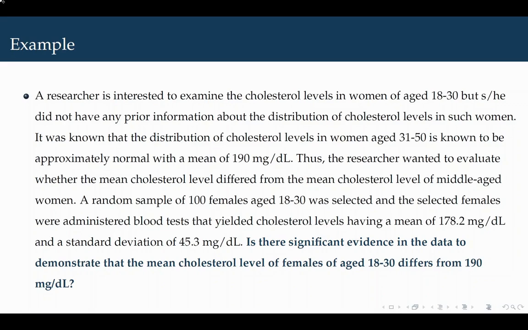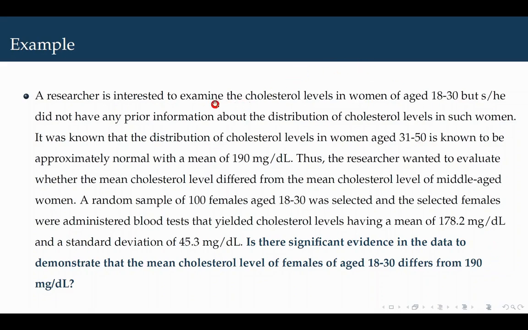So the question of interest is: is there significant evidence in the data to demonstrate that the mean cholesterol level of females aged 18 up to 30 differs from 190, which is the mean cholesterol level of women aged 31 up to 50?